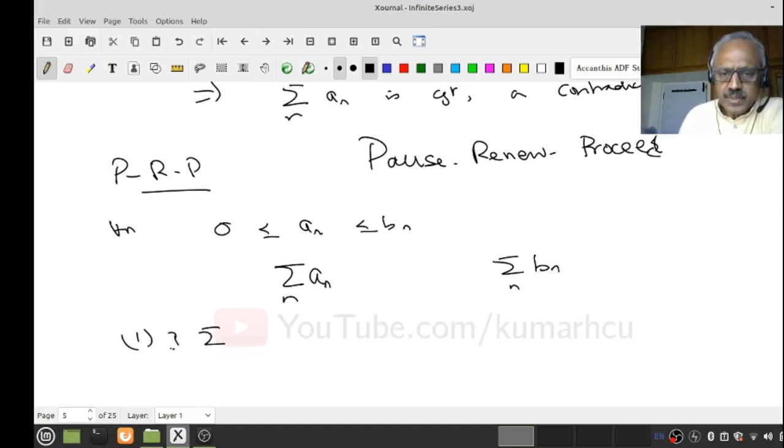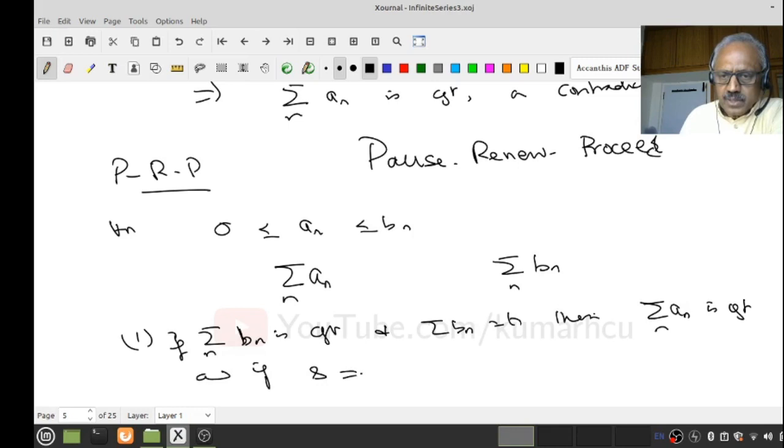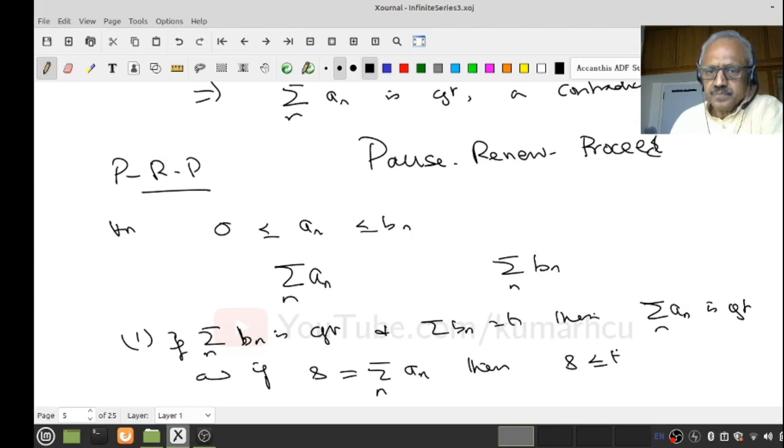If summation Bn is convergent and equal to t, then summation An is convergent, and if S equals summation An, then S is less than or equal to t.